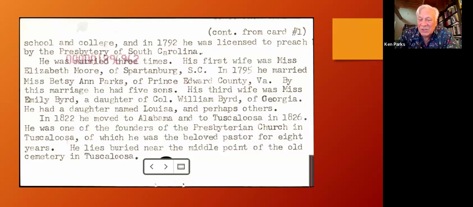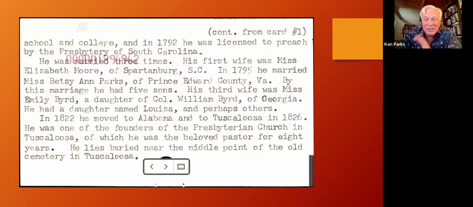So incidental mentions like this can lead you into other roads of inquiry. And obviously here, it's a mystery. I'd love somebody to get involved and try to figure out who the parents of Betsy Ann Parks are. That information may be out there online, but I haven't followed up on it myself.